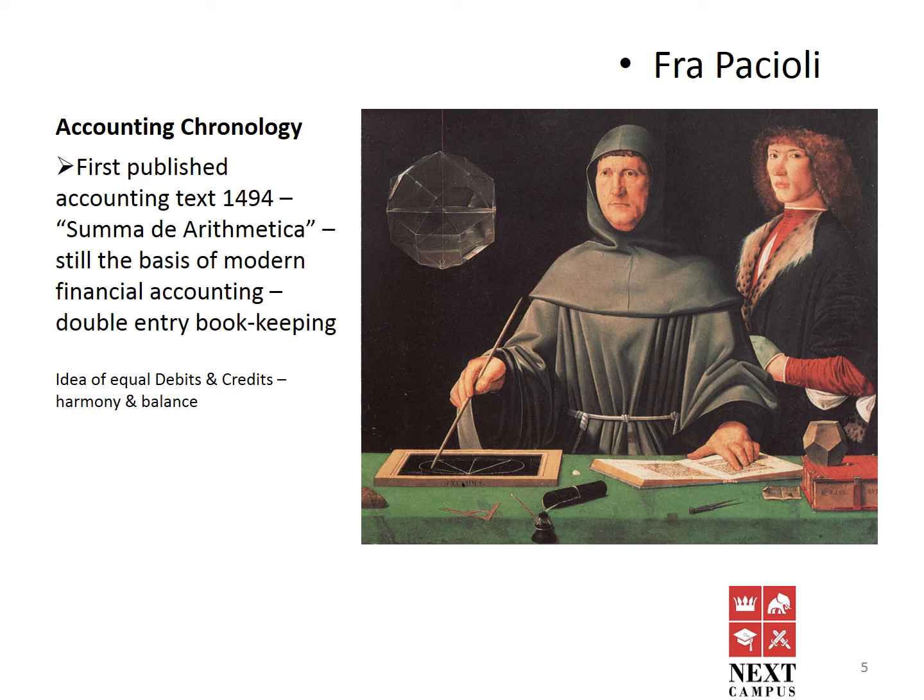Now, if I give you an example, we will learn them in a more important manner in our next topics, next weeks. But as an example, if you purchase raw materials for cash, right? You pay cash and you purchase raw materials. So for that transaction, there are two sides.